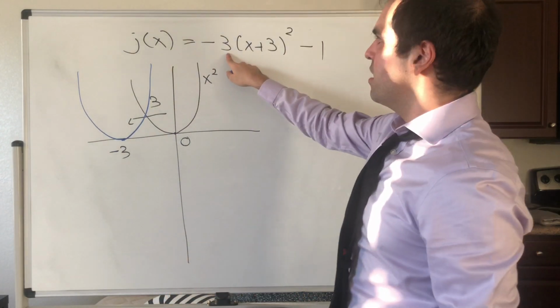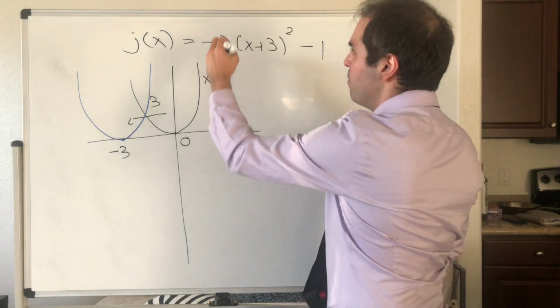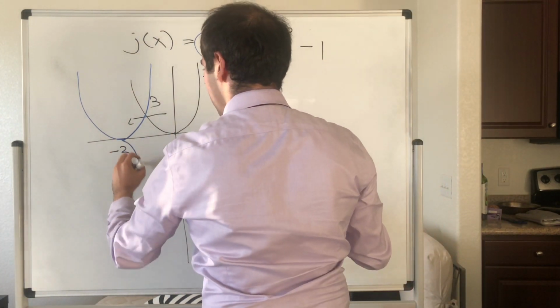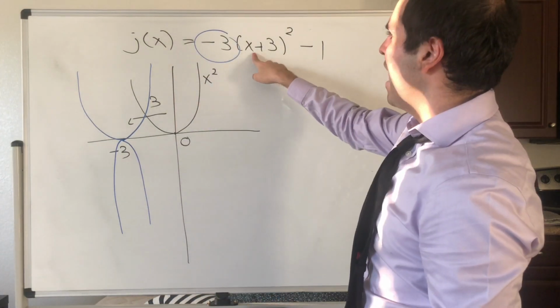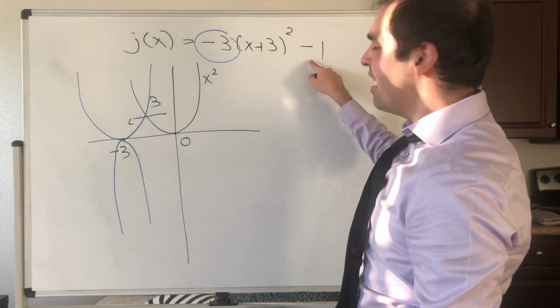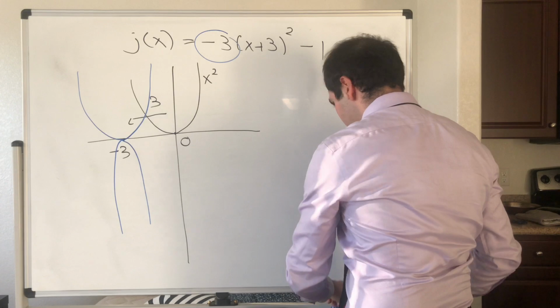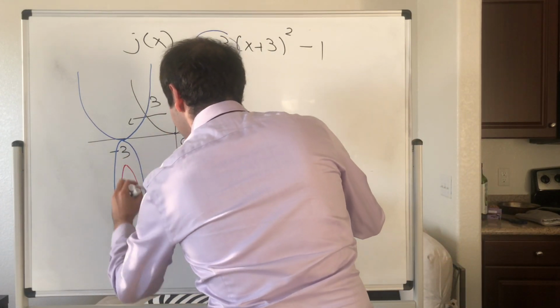But then, what does that mean? This 3 here means it gets a little bit skinnier, but because of this minus 3, you have to flip it. Okay? So this is your minus 3 times x plus 3 squared. And lastly, you shift it down by 1. So this is what your end parabola looks like.